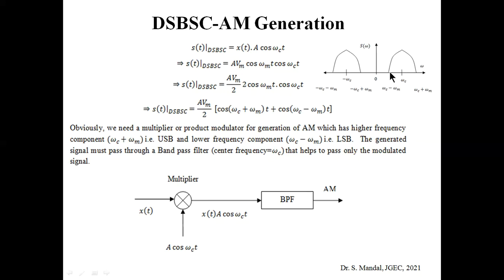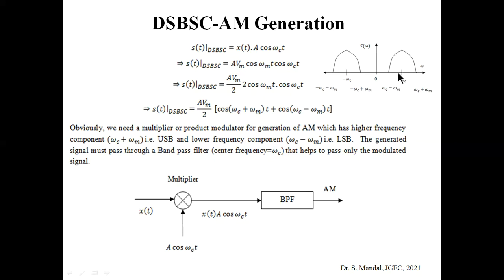If you observe the corresponding spectrum of this DSBSC AM signal, you already studied that it looks like this. Here this is the LSB and this one is the USB, where USB starts from omega_c up to omega_c plus omega_m, and LSB starts from omega_c minus omega_m and extends up to omega_c.